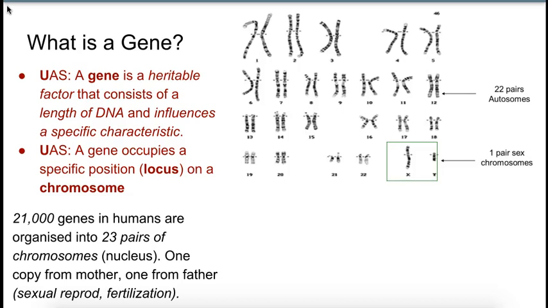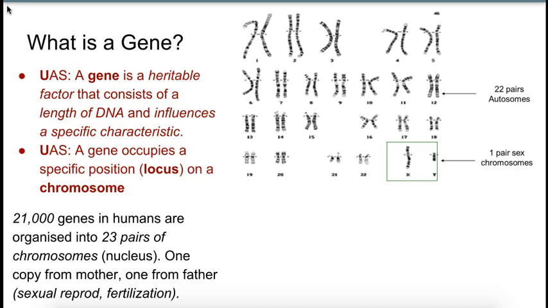Here we can see a karyotype of human beings, which you might have seen before. So we can see here at the top our 22 pairs of autosomes. So these are our non-sex chromosomes. So we have 22 pairs of those of differing sizes, and you can see those alternating black and grey bands representing the different sections where genes might be located.